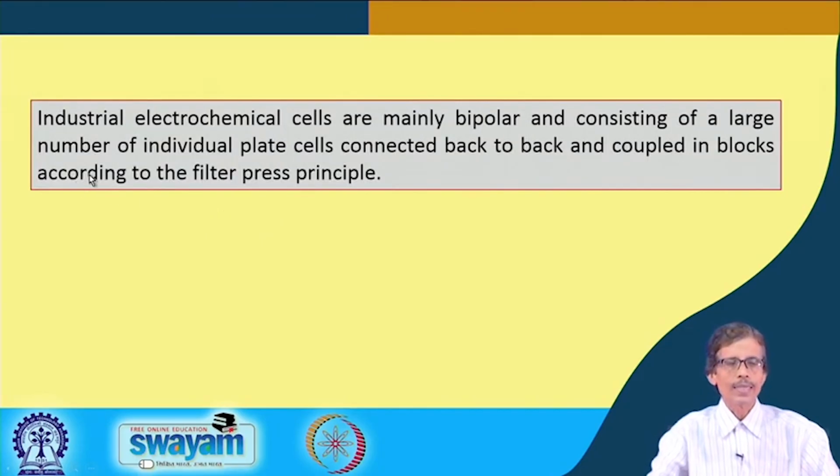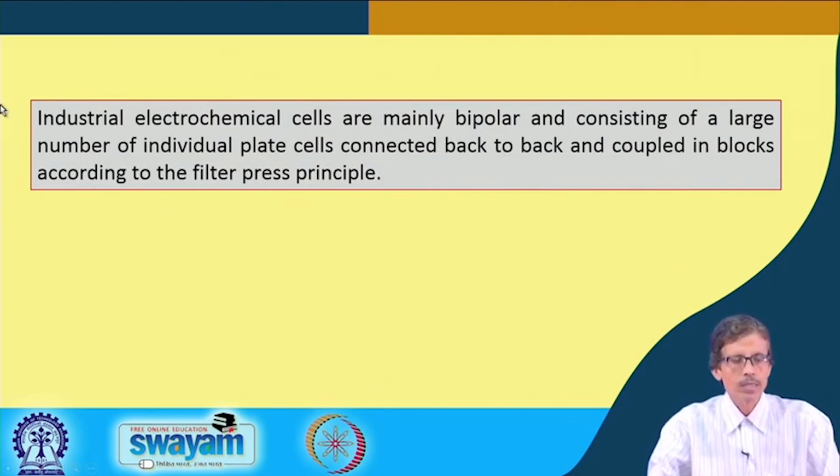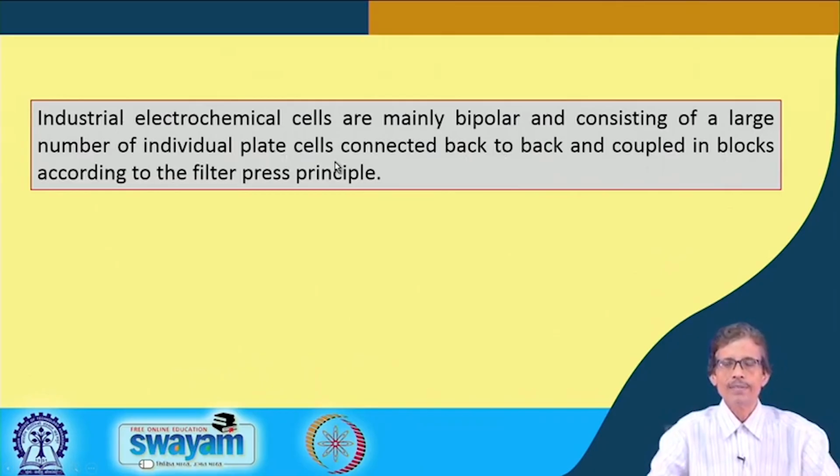Thus, we see the industrial electrochemical cells. They are mainly bipolar, consisting of a large number of individual plate cells connected back to back and coupled into a block according to the filter press principle.